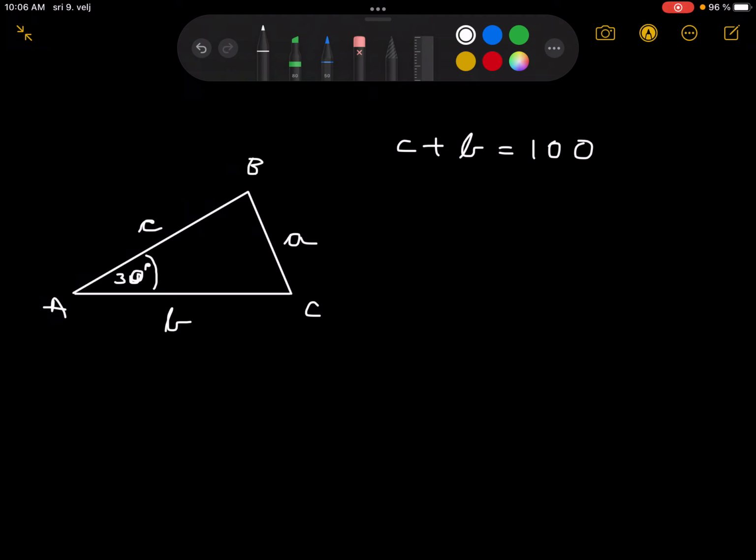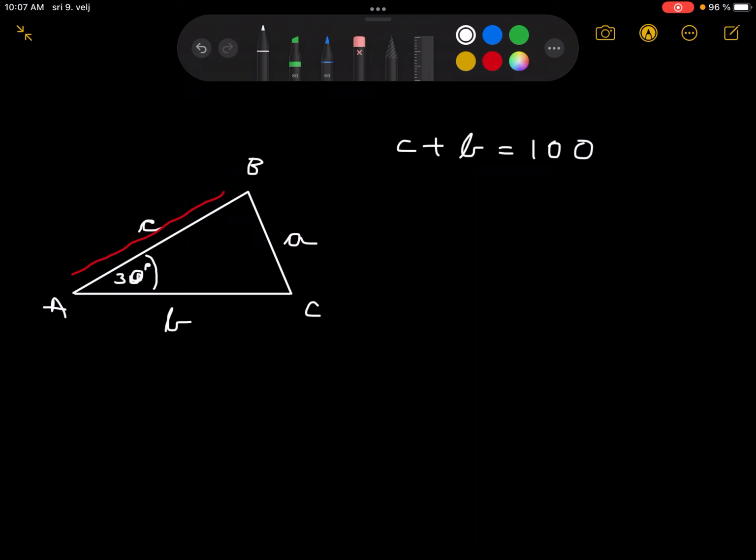Namely, if we're given a triangle ABC such that the angle next to the vertex A is 30 degrees and the sum of the sides C and B is equal to 100, we're supposed to find the length of the side C, or AB, of this side right here, such that the area of this triangle will have a maximum value.